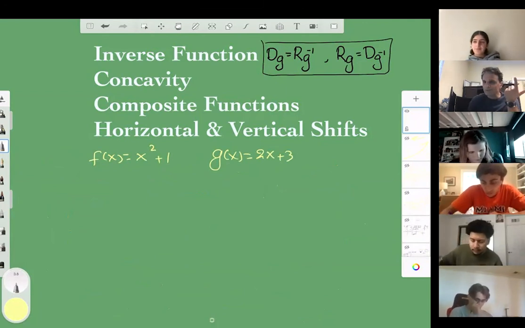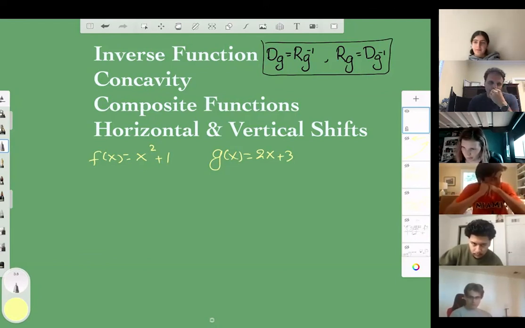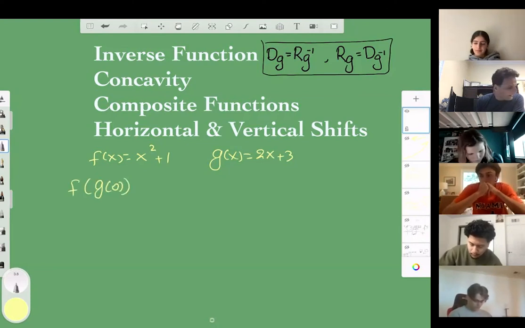Now what I'm going to ask you guys, we're going to ask you guys to find the inverse. Is that 1 to 1? What's the domain? What's the range? No, I'm not going to ask you guys that. I'm going to ask you guys, what is f of g of 0? What is g of 1?